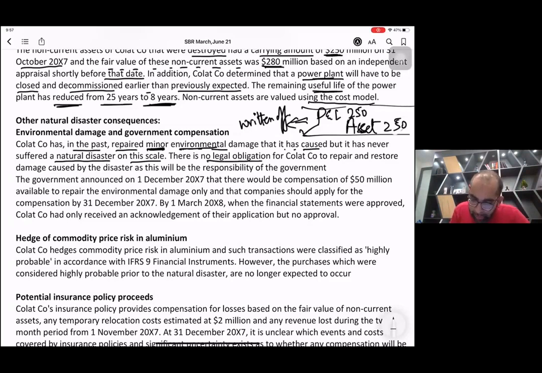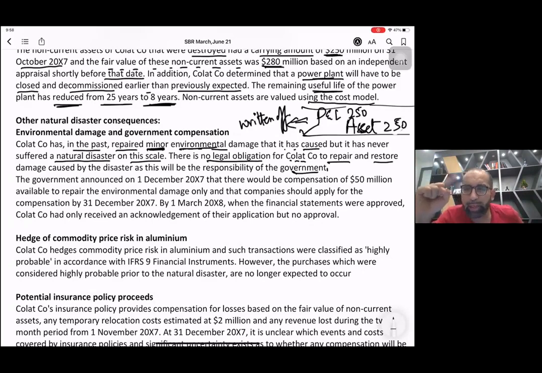There is no legal obligation for Collard Company to repair and restore the damage caused by the disaster, as this will be the responsibility of the government. That's it. 3 lines, enough. Just discussed IAS 37. You remember in IAS 37, we only make provision when there is a present obligation.